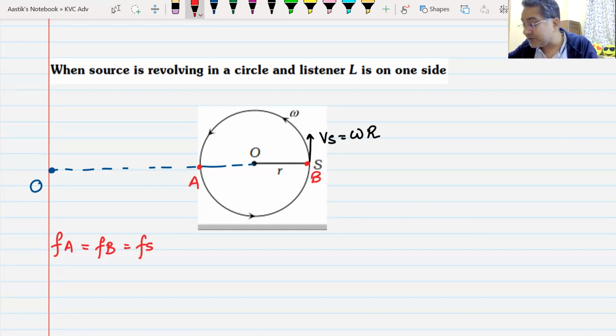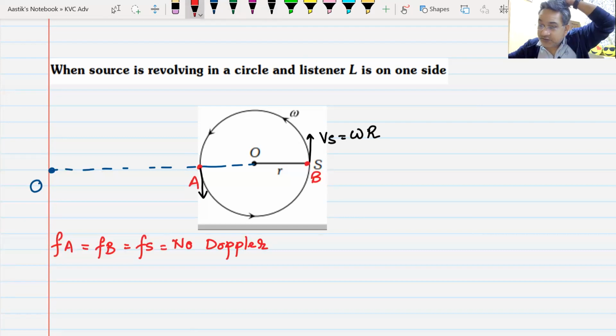Why is there no Doppler effect? It is because the velocity is perpendicular. Do we understand this? Yes or no?